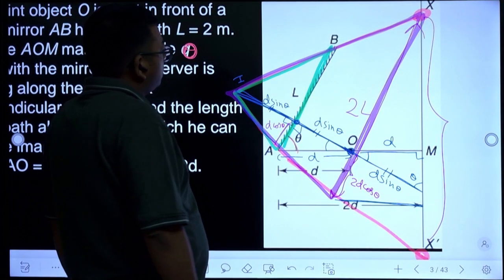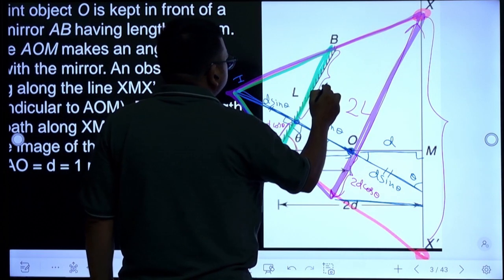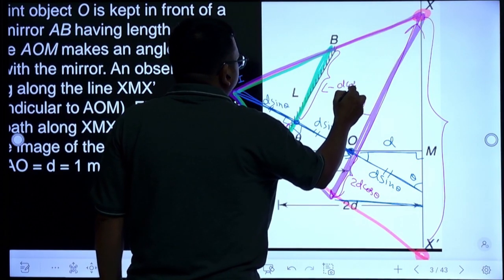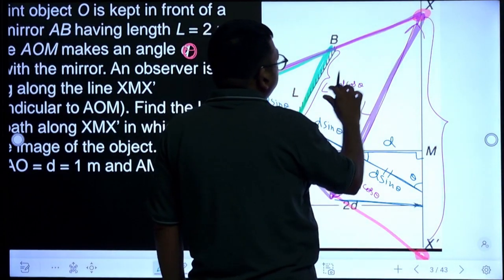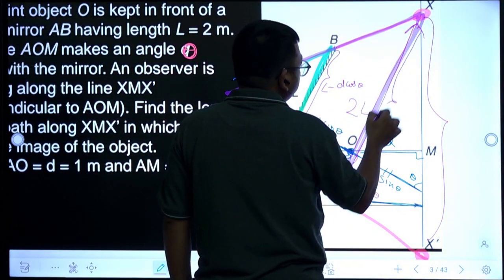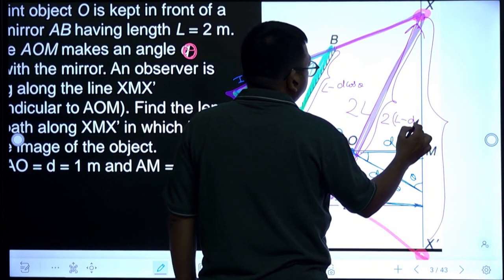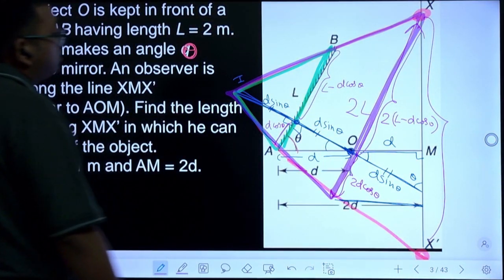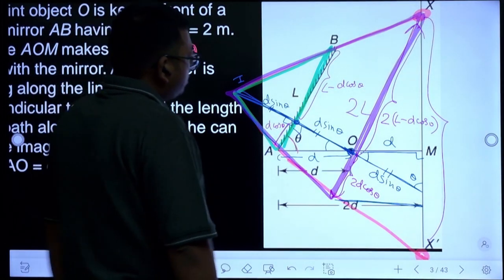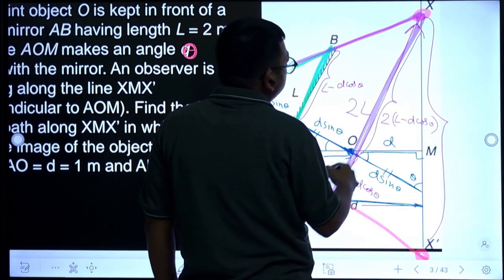Okay. So this length also we can calculate because this will become L minus d cos theta, right? And this length will be double of that, so this length is going to be 2 times L minus d cos theta. Okay. So now tell me what will be this length in this triangle. Can we calculate?